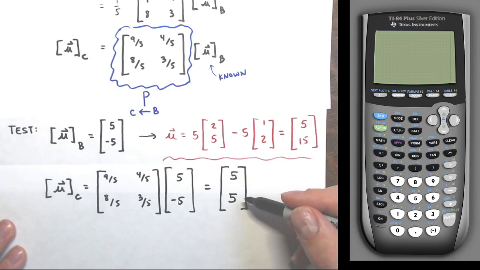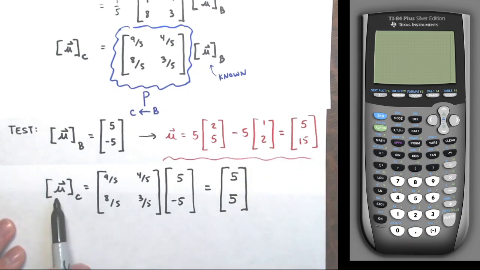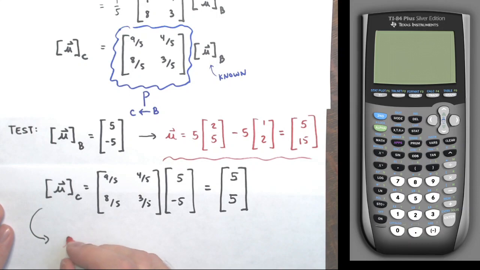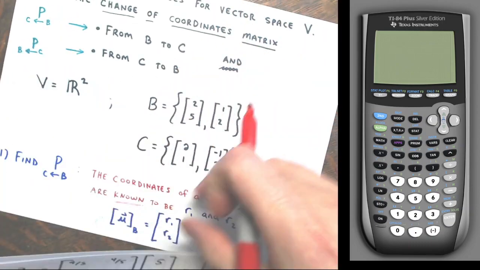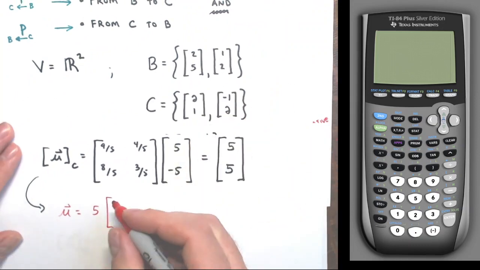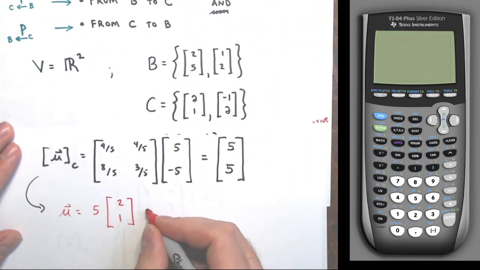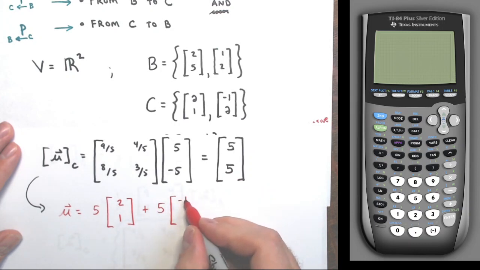Let's see if this gives me the same u. If the coordinates of u with respect to C are 5 and 5, that means u should be equal to 5 of the first vector from C, which was 2, 1, plus 5 of the second vector from C, negative 1, 2.